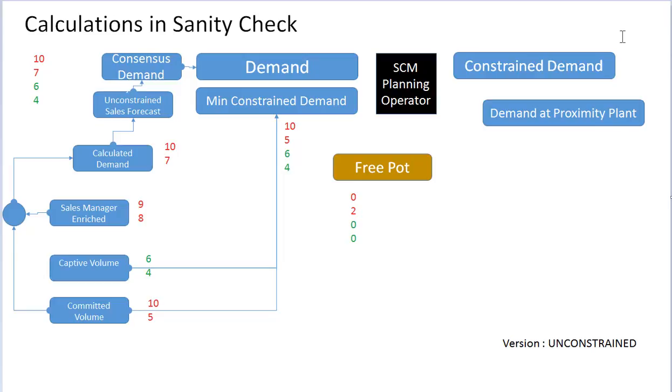After running the supply chain operator with heuristic, the system is going to write the constraint demand. Again, because this is unconstrained planning, we can expect that all the demands are fulfilled by the system.